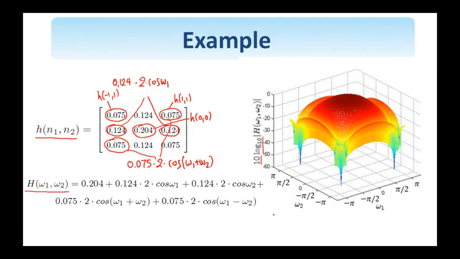Again, if I look at H00, this is the sum of the values of the impulse response, and they sum up to 1, and therefore the logarithm of this value is equal to 0. So this term here, that's the 0, is equal to 0.